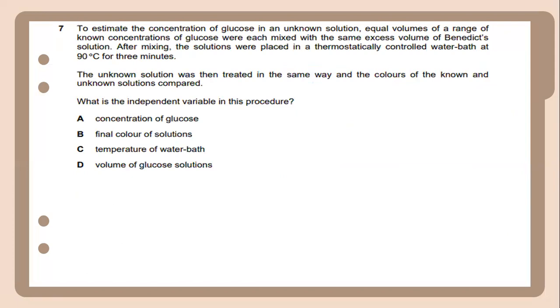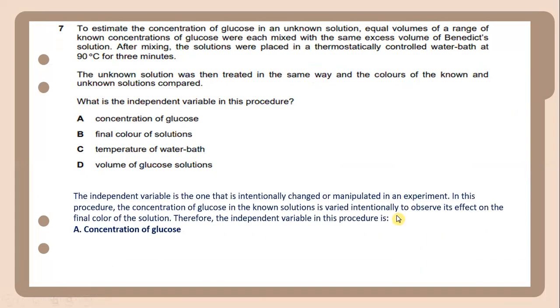To estimate the concentration of glucose in an unknown solution, equal volumes of a range of known concentrations of glucose were each mixed with the same excess volume of Benedict's solution. After mixing, the solutions were placed in a thermostatically controlled water bath at 90 Celsius for 3 minutes. The unknown solution was then treated in the same way, and the color of the known and unknown solutions compared. What is the independent variable in this procedure?